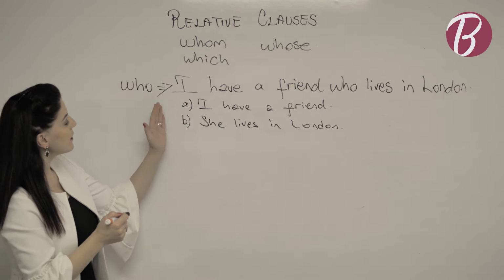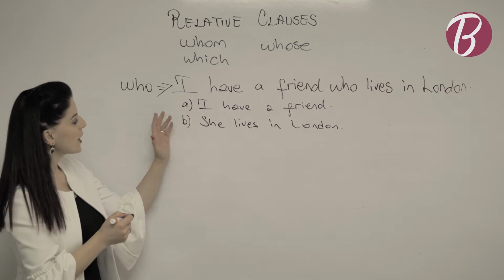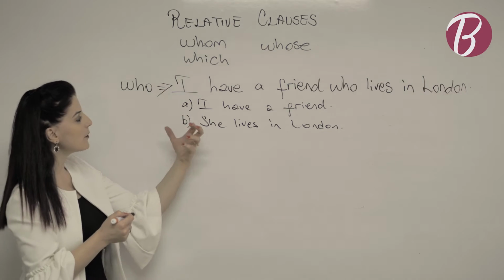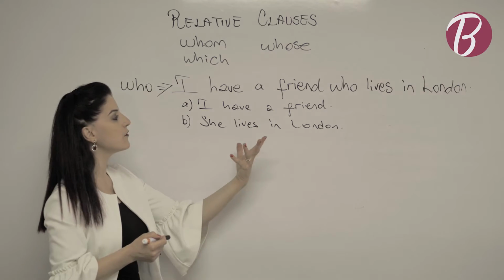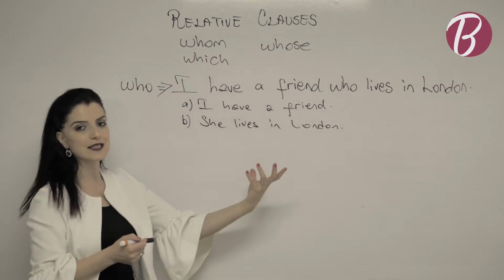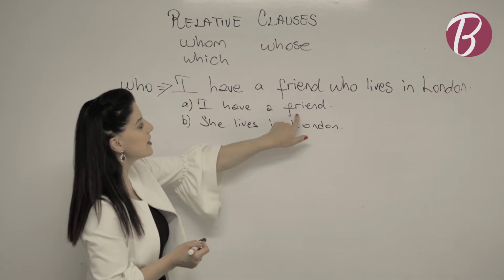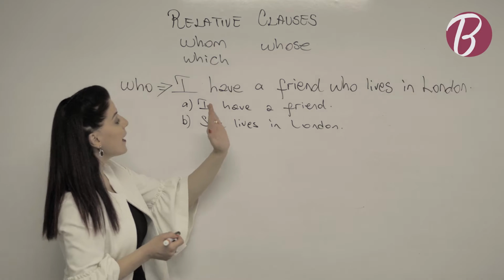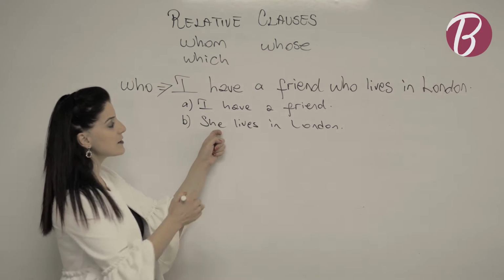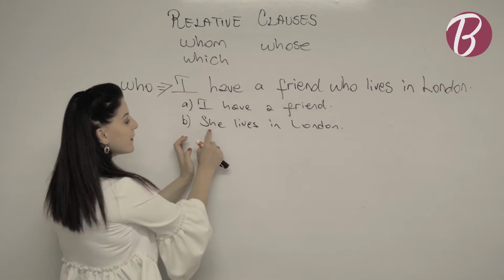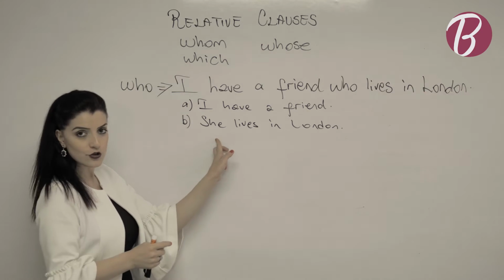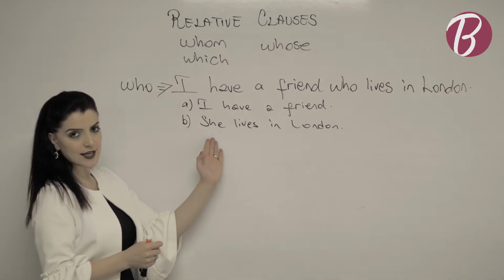When you see those sentences, you understand I'm going to give information about a noun, which is friend. And in this sentence, you can see friend is used as a subject.